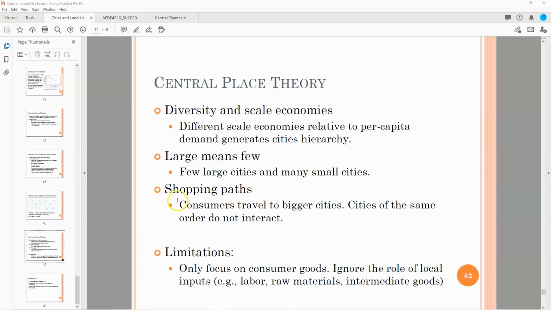And shopping passes. Consumers will travel to bigger cities, and cities of the same order do not interact with each other. And there is also a limitation of central place theory, which is that it only focuses on consumer goods and it ignores the role of local inputs like local labor and local materials.